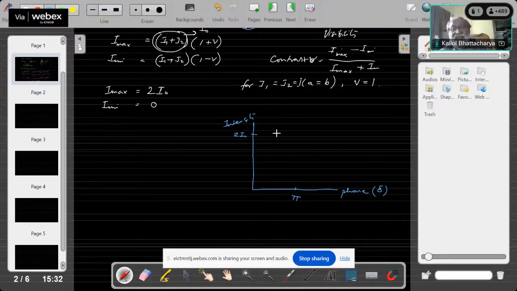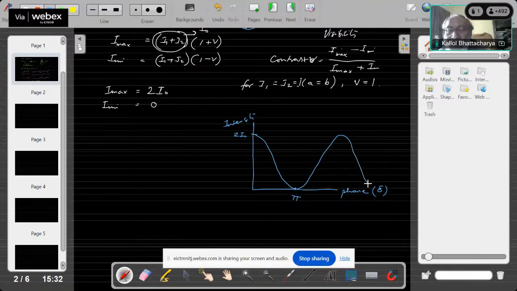And how is the change? The change is 1 plus cos delta, which is simply something like this. It comes and takes a turn here, goes to 0, and then if you increase the phase, it again rises up to the same point and continues in this manner.